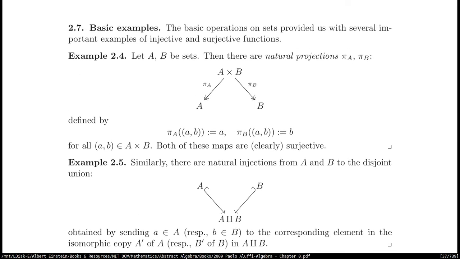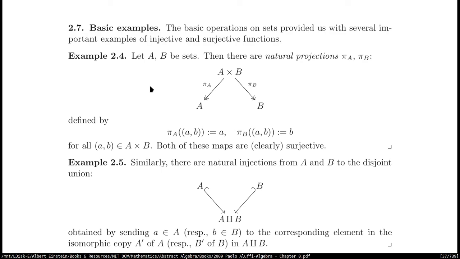So there are some basic examples of injective and surjective functions. This one is about the projections. If you have done algebra before, you know this already. If you have two sets A and B, and you take the Cartesian product A cross B, then there are natural projections, right?